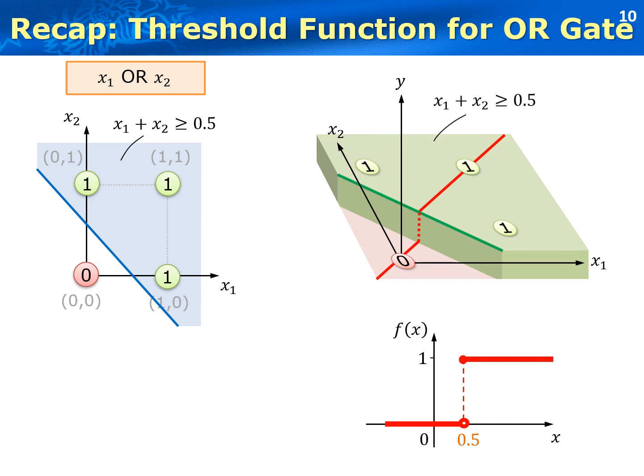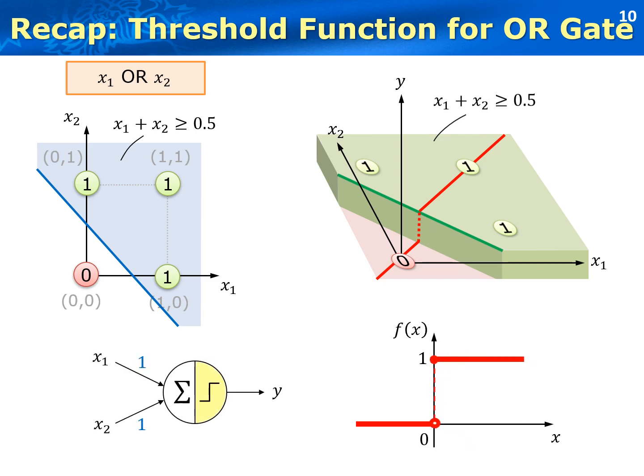We can translate this Heaviside function left 0.5 unit by adding a bias value minus 0.5 to the perceptron to make the threshold function zero-centered. Now let's apply similar ideas to the XOR gate.